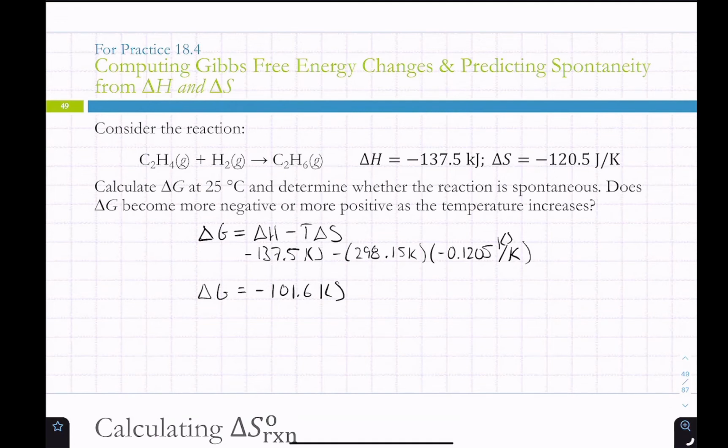So is it spontaneous or non-spontaneous? Spontaneous, right? Our chemical potential energy has decreased. So if we decrease our chemical potential energy, that's spontaneous.